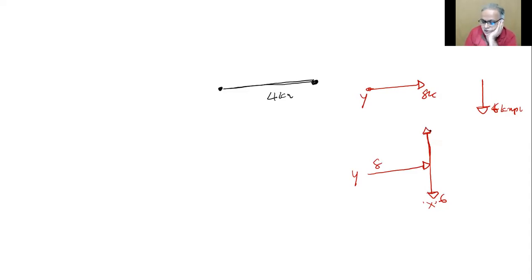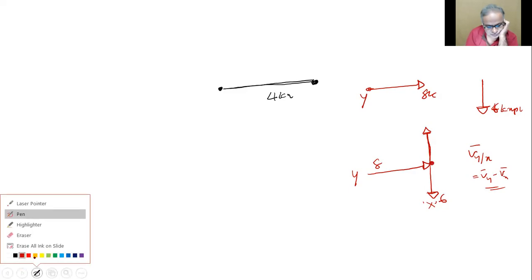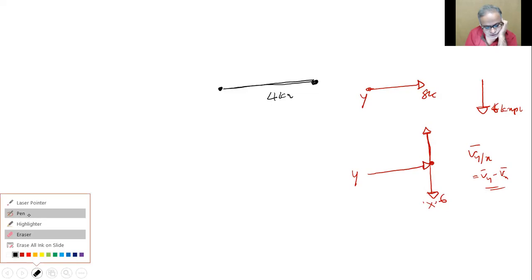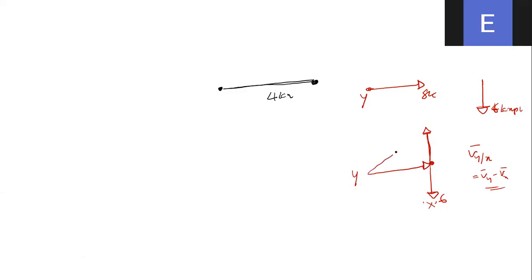Velocity of Y with respect to X will be what? Velocity of Y minus velocity of X. So X's velocity I reversed, which actually means that X is feeling to be at rest. Now, how does Y move? Along the relative velocity direction, this one.